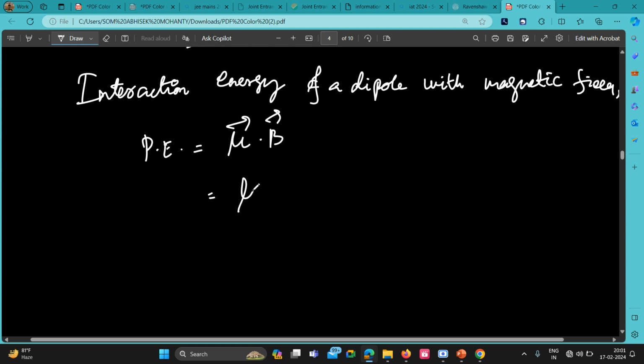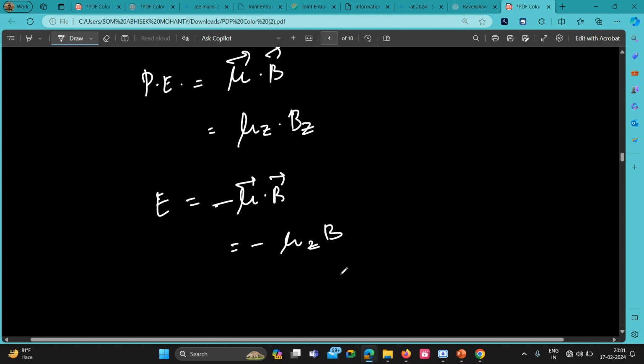And energy E is minus mu dot B. So here we can write minus mu z B z, or B z, whatever.